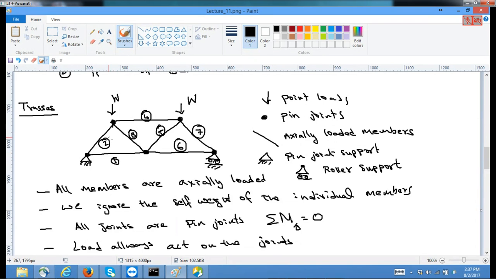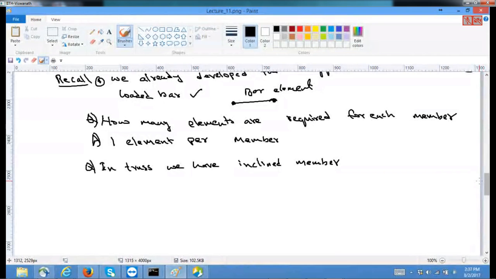So how do you handle these? The member is not horizontal, it is inclined to the horizontal. So how do you construct the element stiffness matrix for such an inclined element? If we can model such an inclined element, then we are in a good shape to solve our problem.